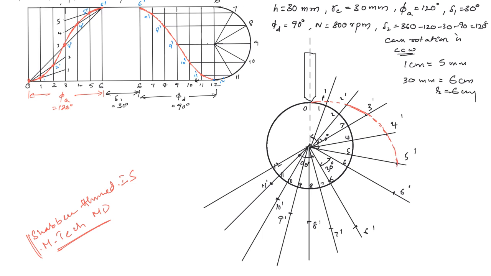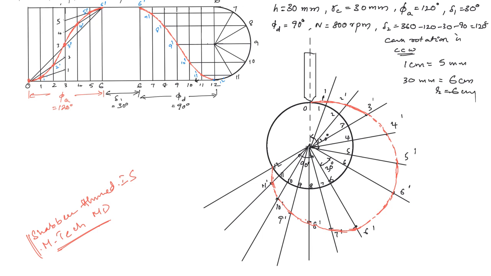By free hand, you have to join these points and form a curve. So this red line is the profile of the cam for the given motion of the follower.